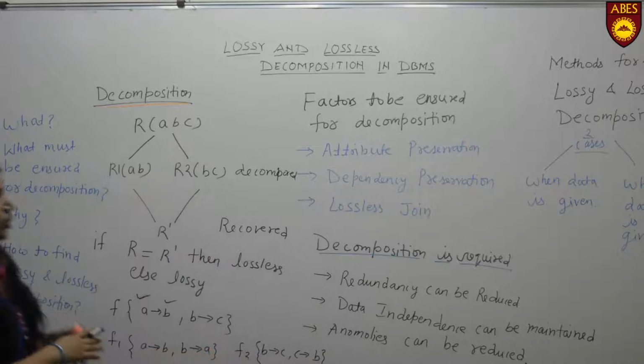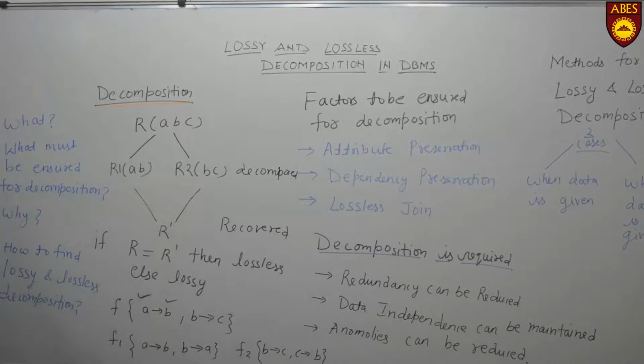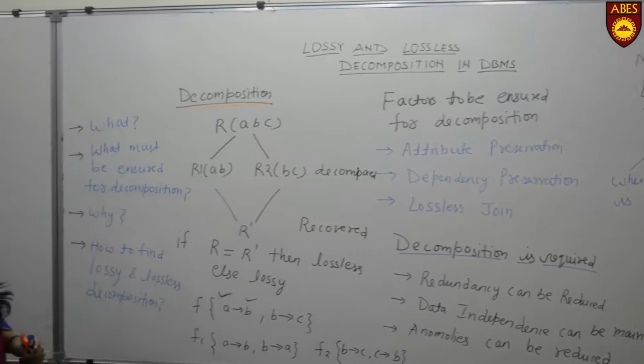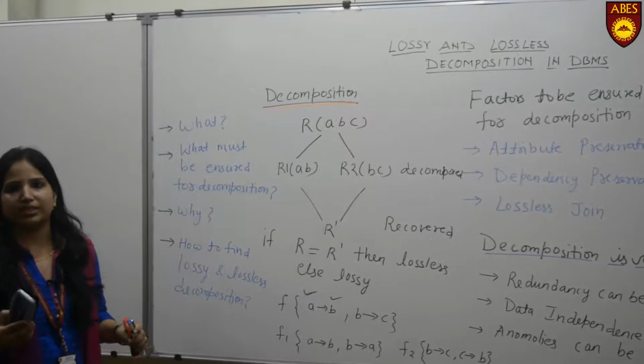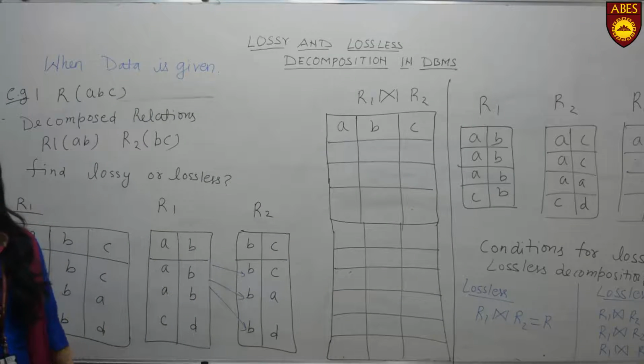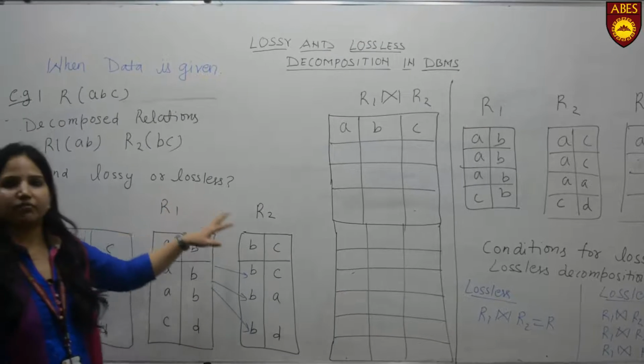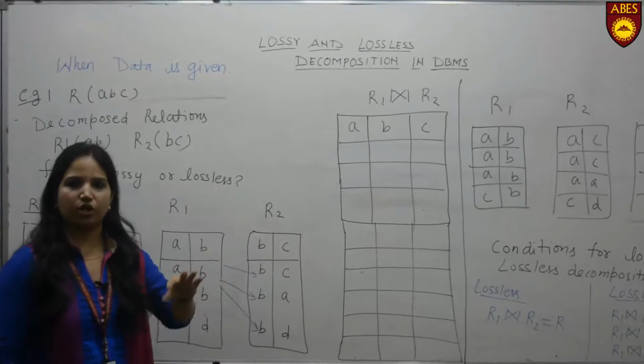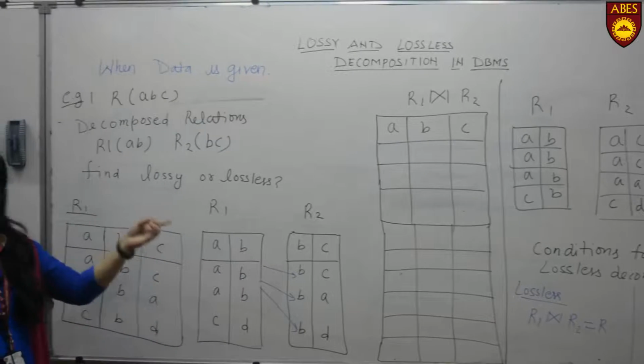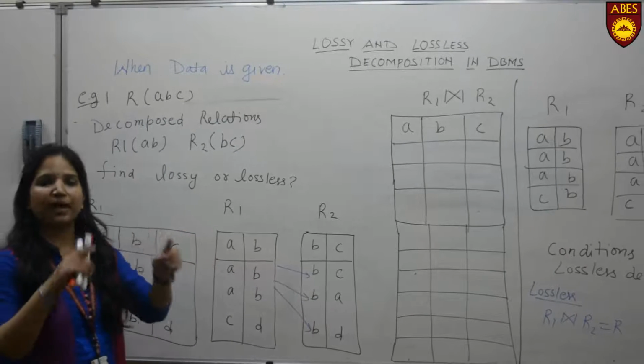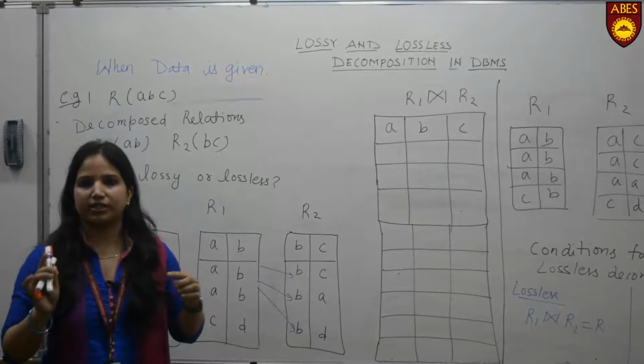So let's take an example of how we can do lossy and lossless decomposition. Let's take an example to understand how we can find whether the decomposition is lossy or lossless. As I discussed in the previous case, there are 2 methods for finding lossy and lossless decomposition.